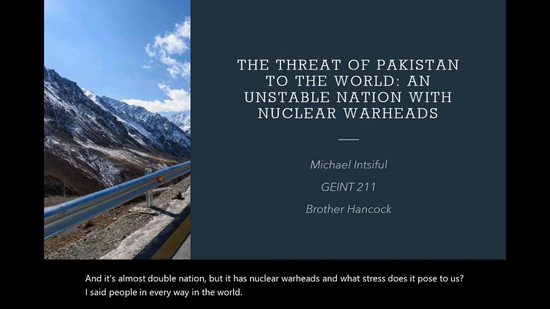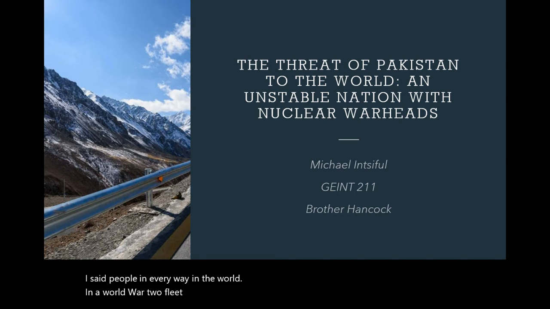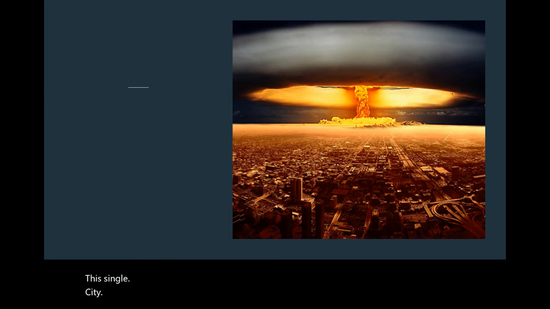In World War II, fleets of hundreds or even thousands of planes were used to bomb a single city. But with the invention of the atomic bomb, only one airplane and one bomb were needed. The Enola Gay carried one atomic bomb with the power of 15,000 tons of TNT.